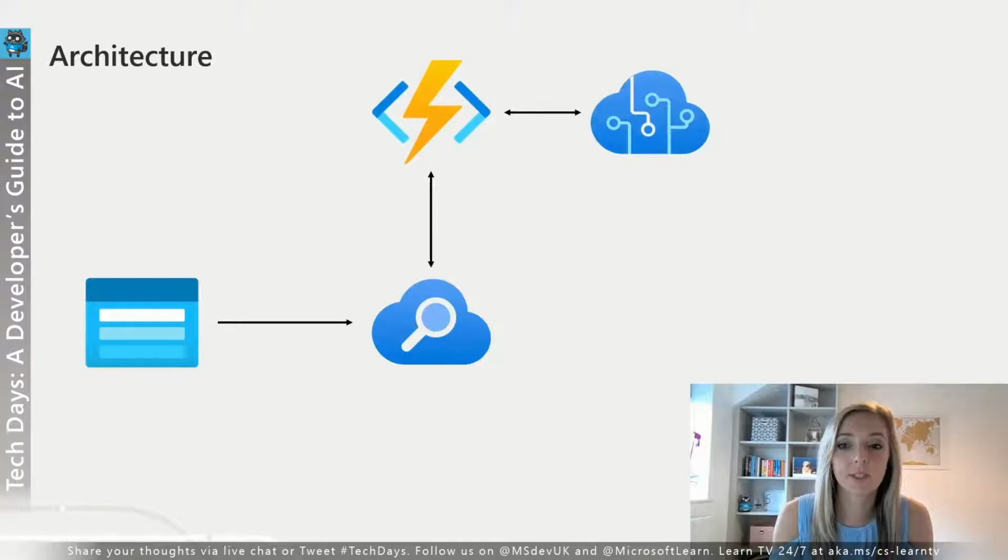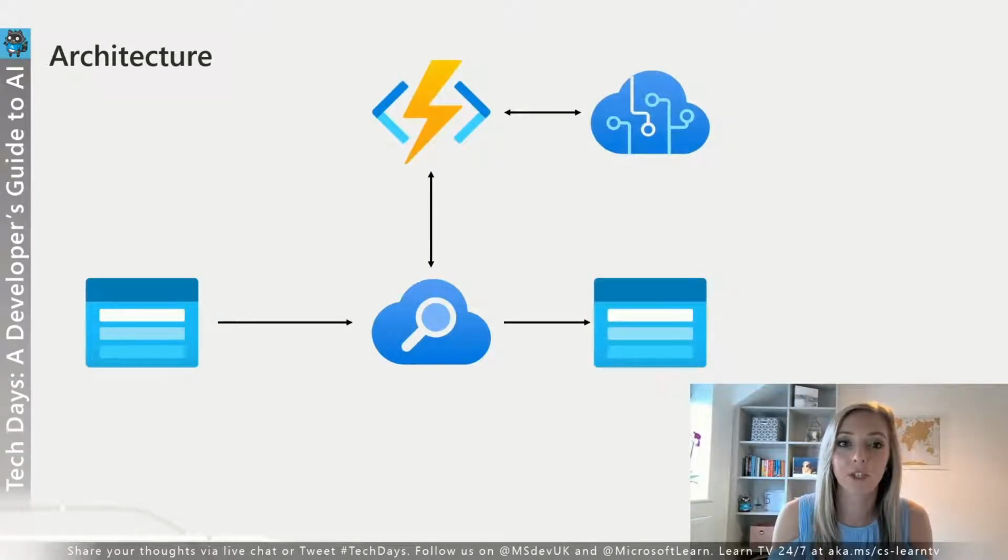Next, we add a custom skill set that calls an Azure function. This function does some kind of custom logic processing, and in our case, it's going to take the PDF, send it to an Azure Cognitive Service called Forms Recognizer that's going to extract key value pairs from our form and send it back as output extra metadata to our Cognitive Search service.